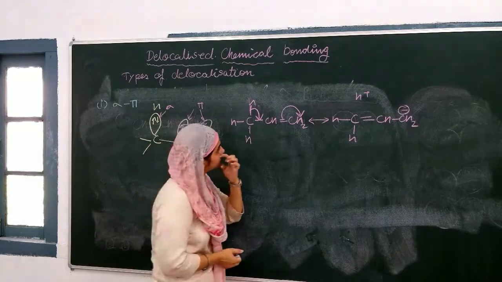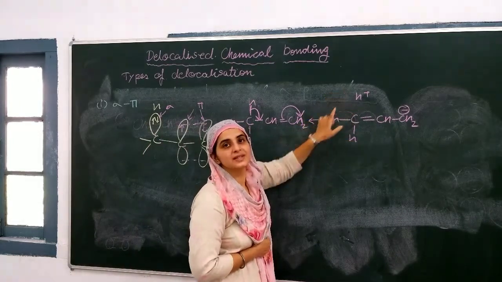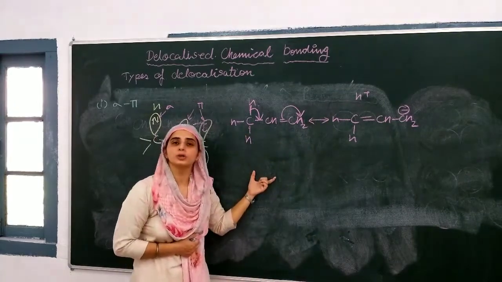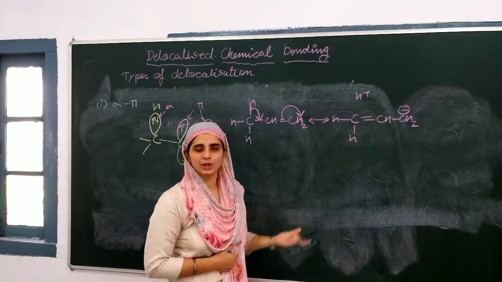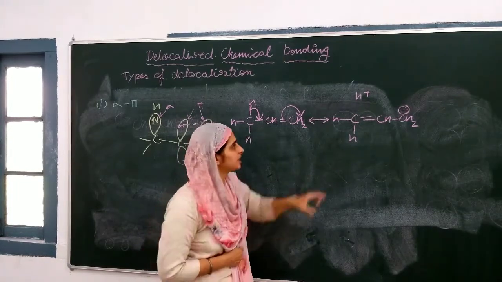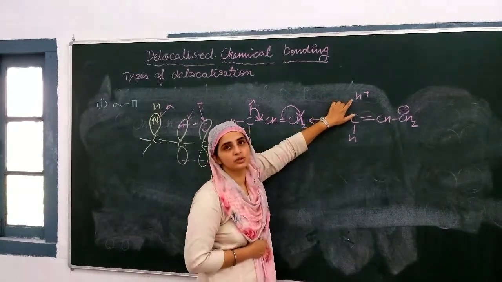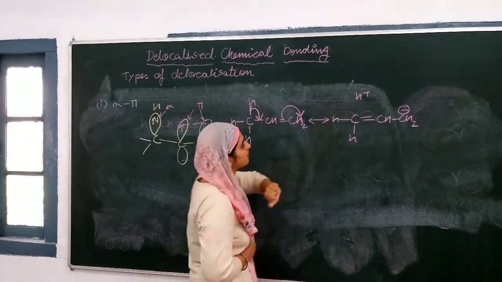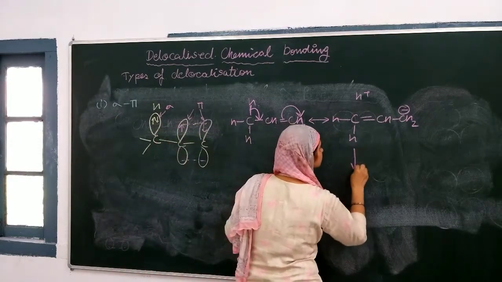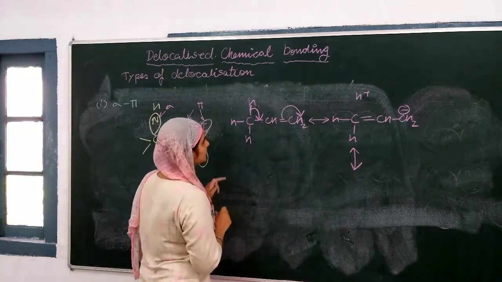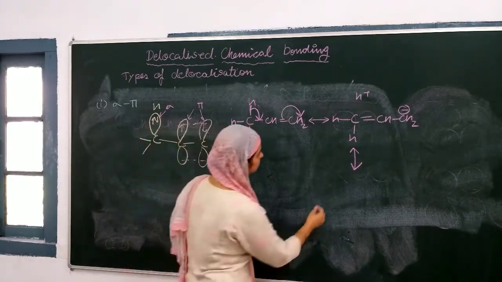So here we can see that there is no bond between the carbon and hydrogen. So this hyperconjugation is also known as no bond resonance. But actually there is some ionic character between C and H, and this hydrogen is not free. Now I will use this sigma bond as a donor.